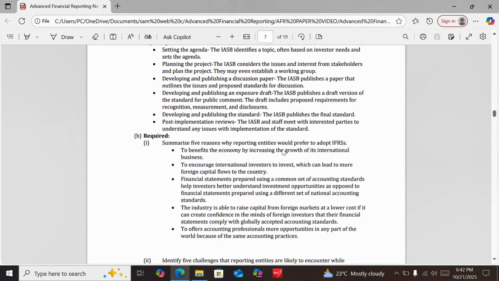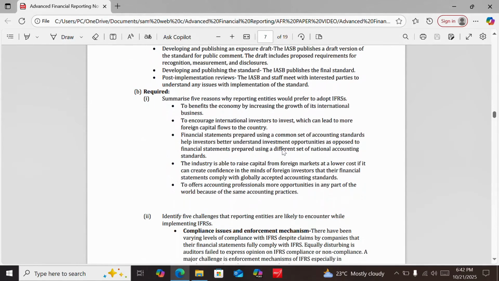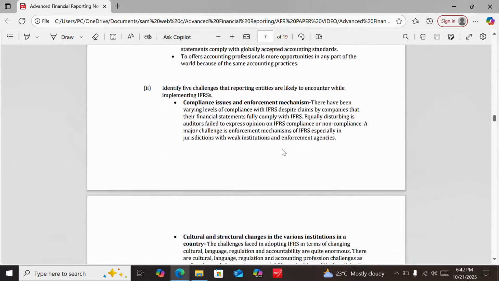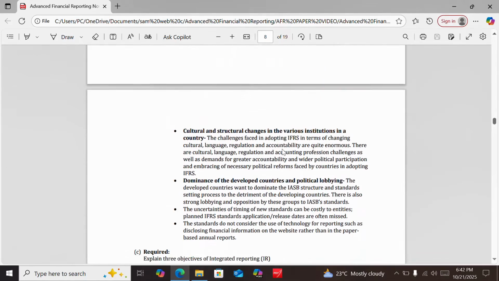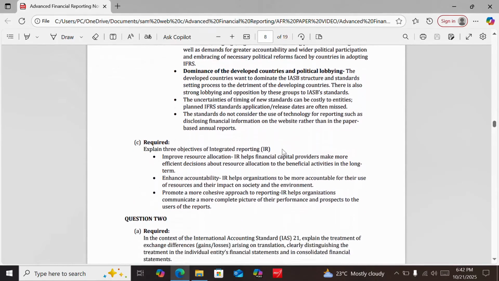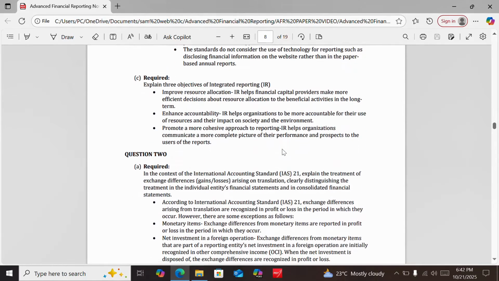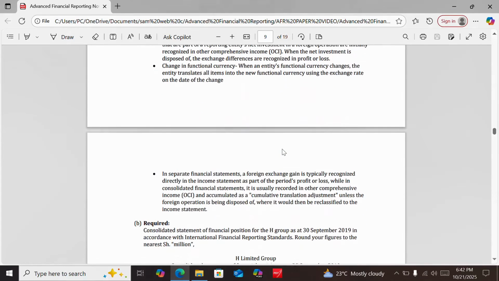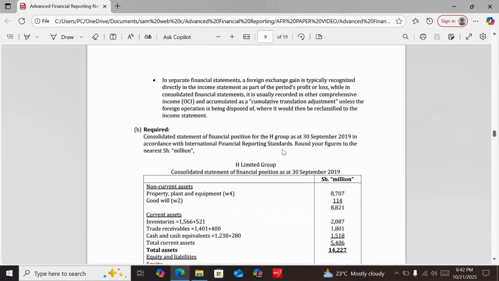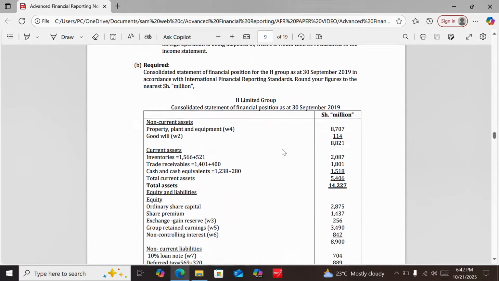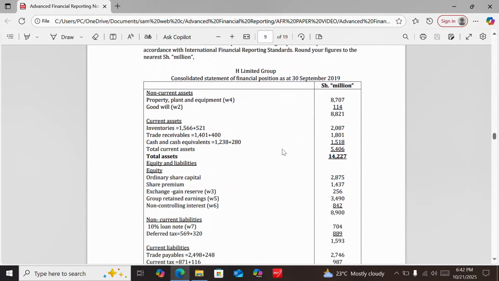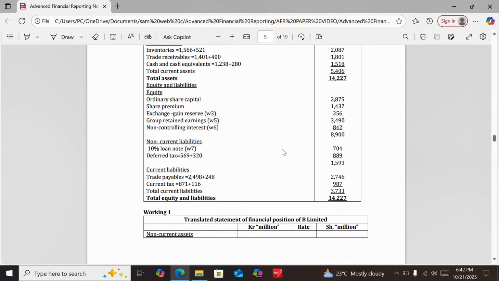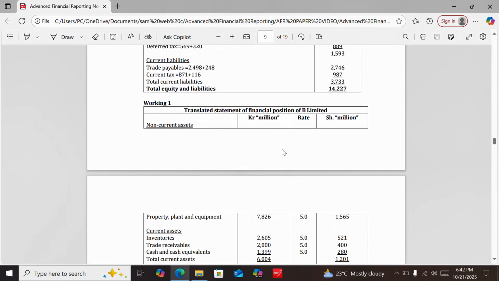Then we have part B, Roman 1, then Roman 2, then we have part C, then we go to question 2, part A, then we go to the consolidated statement of financial position.